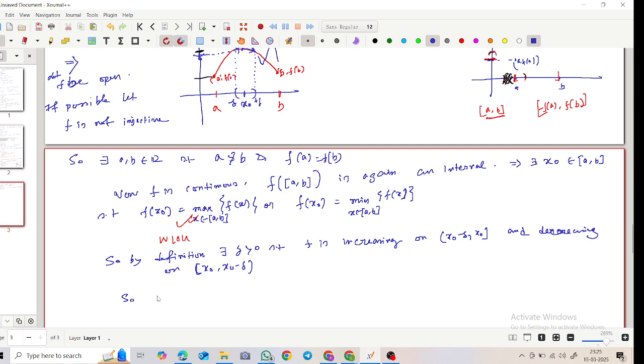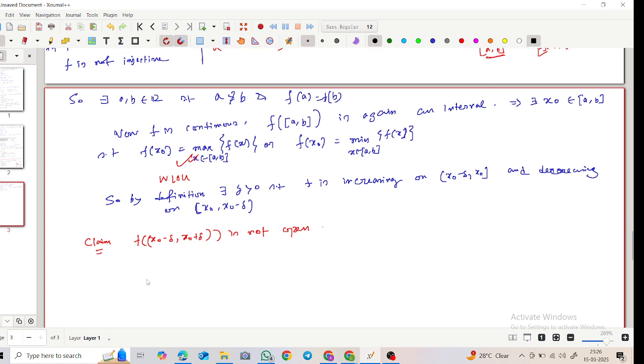Maybe claim: the image of (x naught minus delta, x naught plus delta) is not open. Take the point f of x naught.